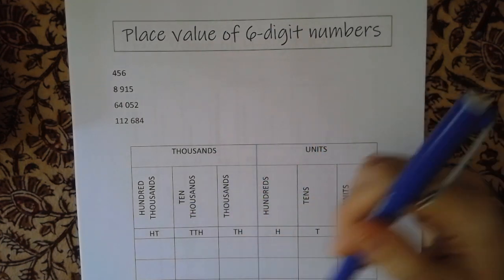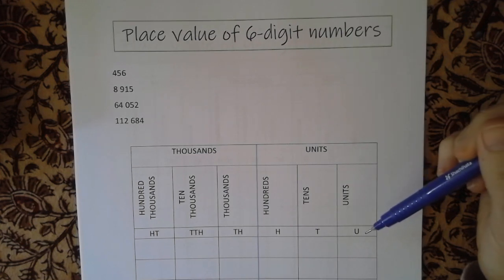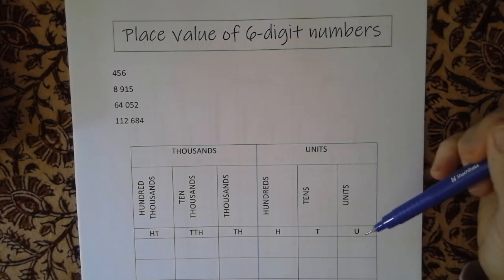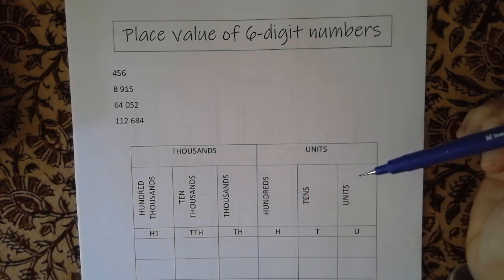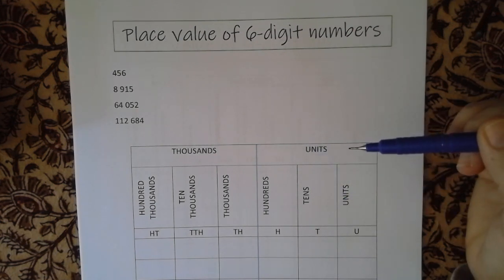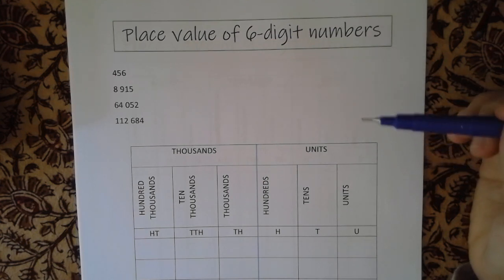Now, if we study the chart here, the smallest number is always written here in the place of the units. The place value chart is something that's familiar to the children. They've been working with us for a long time in grade 5 and so on.